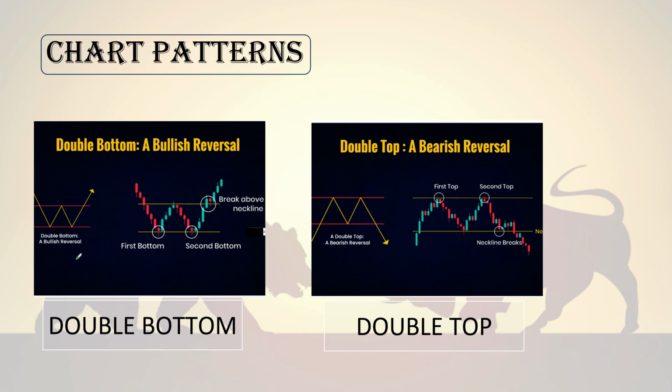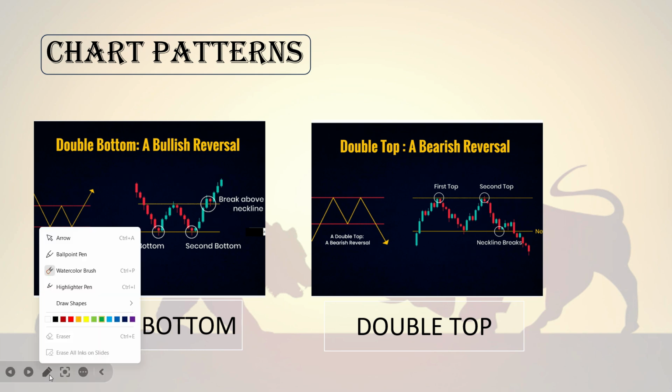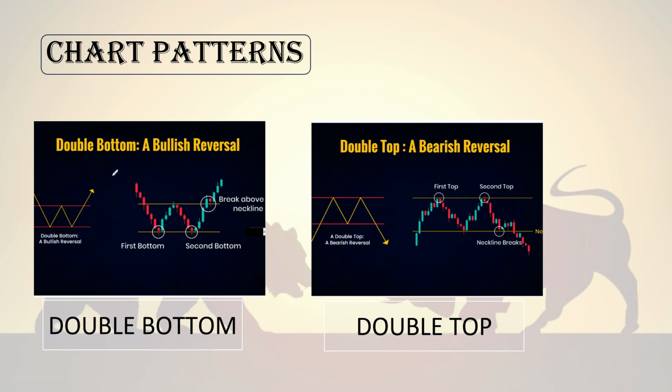Some chart patterns. So this is double bottom. Initially, price was decreasing from this point, right? Price was decreasing from this point and it went from this point to this point and then again reverted, right?